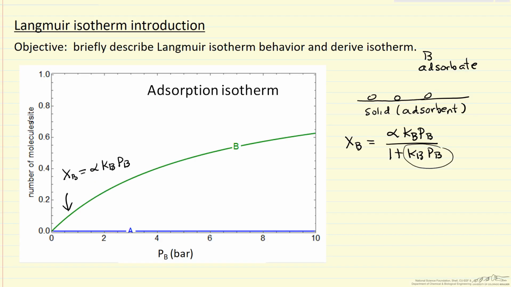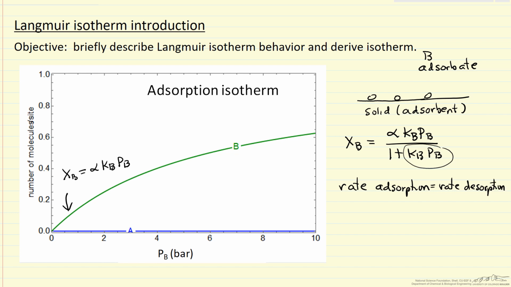So the Langmuir isotherm results from a fairly simple assumption, and that doesn't mean it's going to apply in most cases, but it's a good first case. And that's just saying at equilibrium, of course, the rate of adsorption is the rate of desorption. That's going to be true.